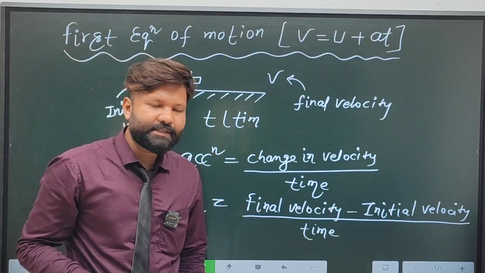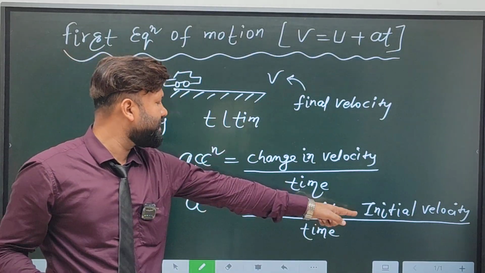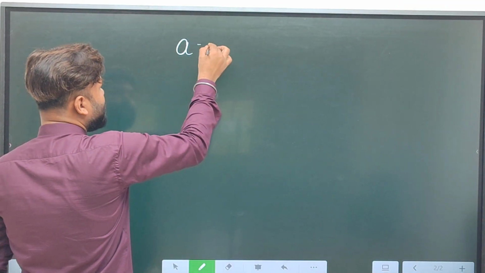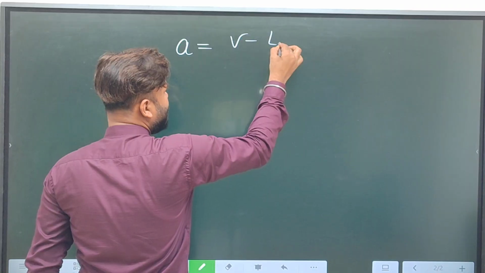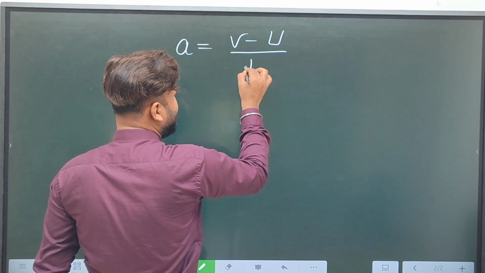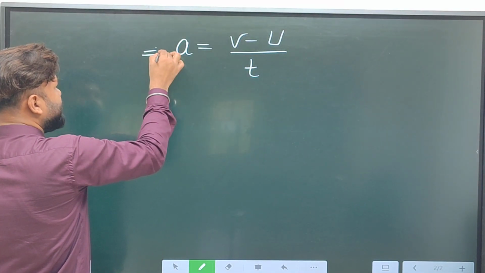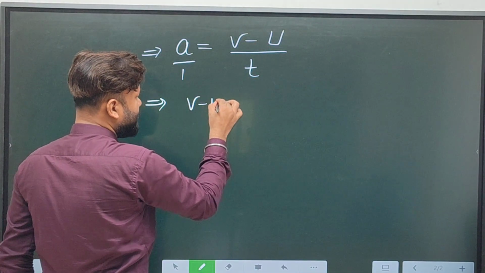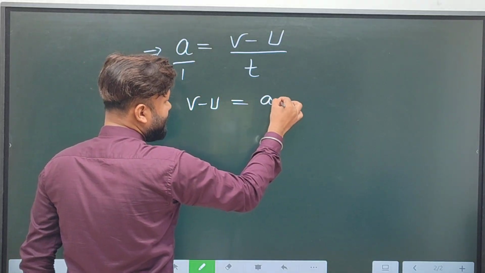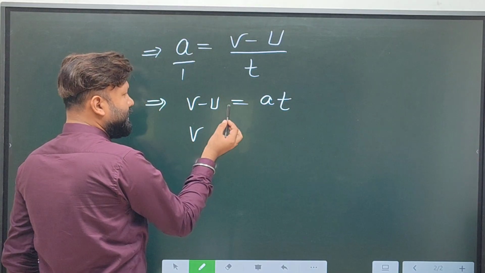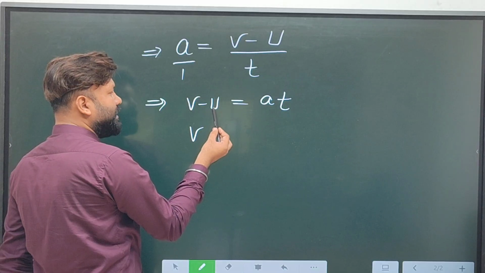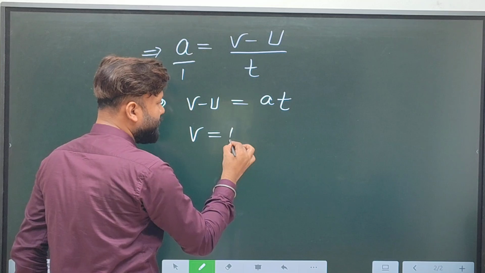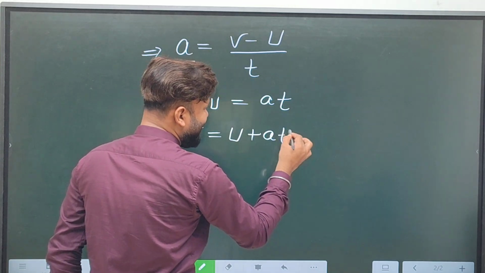Now students, final velocity denoted by V, initial velocity denoted by U. So we can write A is equal to final velocity V minus initial velocity U, divided by time, time denoted by T. Now students, we can say cross multiplication V minus U into 1, so V minus U. A and T multiply, then A into T. Now left side it is minus U. When it goes to the right side of equal, then it will be plus. So V is equal to U plus AT, students.